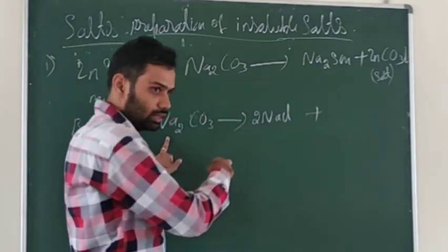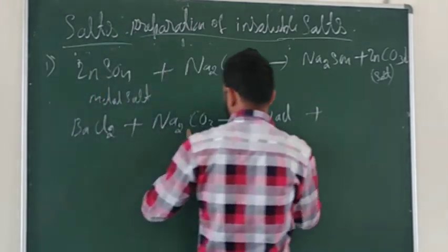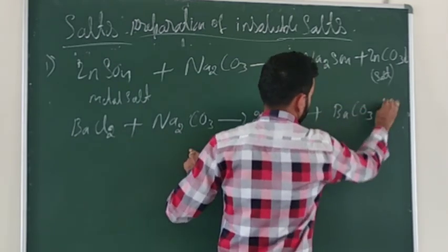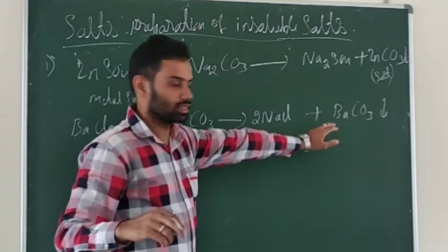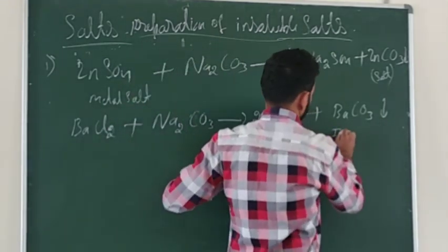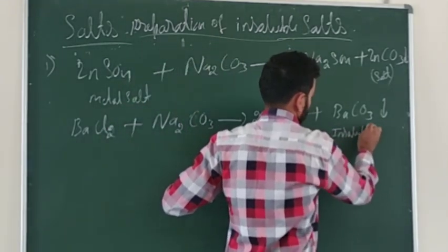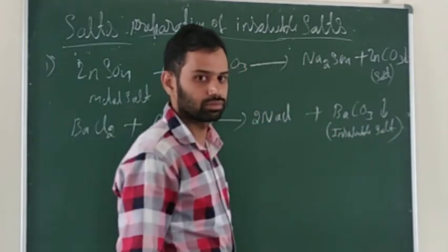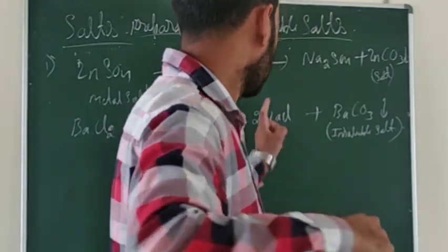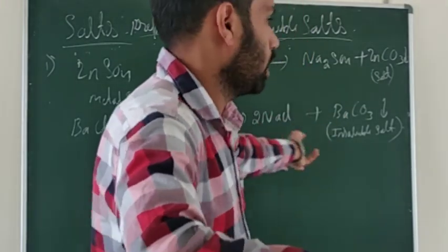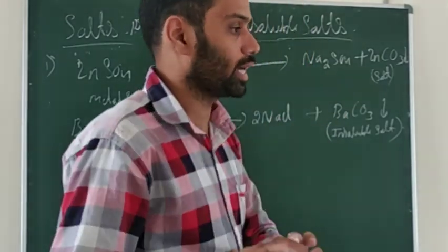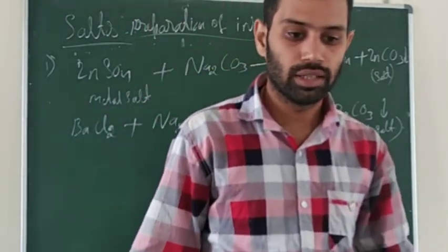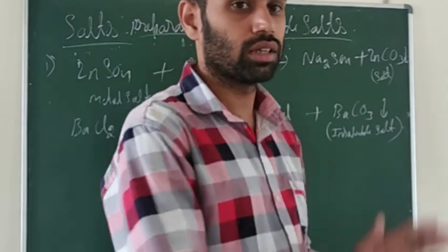And one more product, barium carbonate, is an insoluble salt. Sodium chloride is soluble, but we are talking about the carbonate salts, so barium carbonate is the insoluble salt.